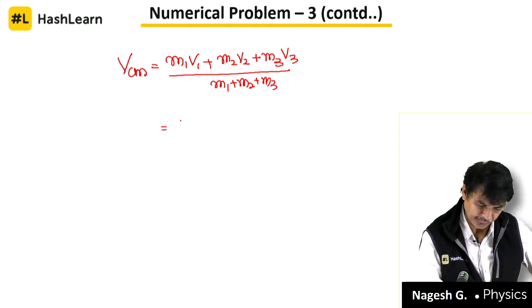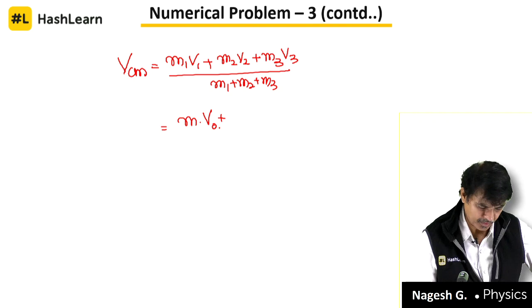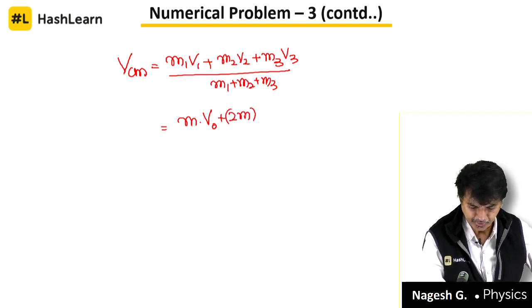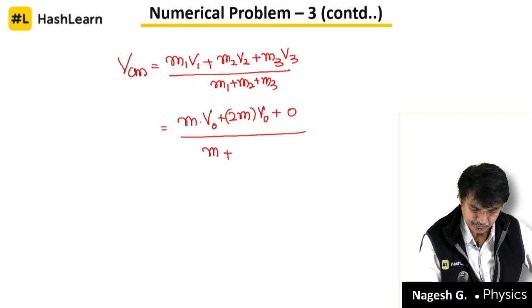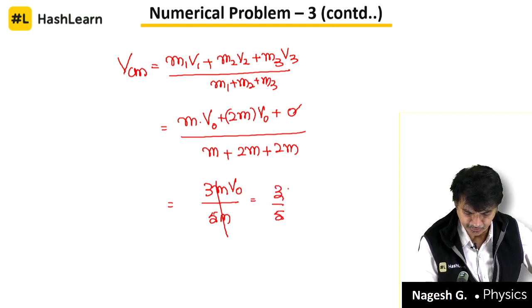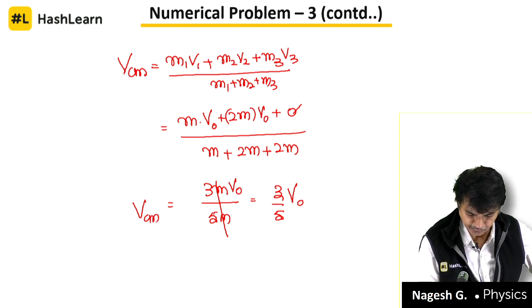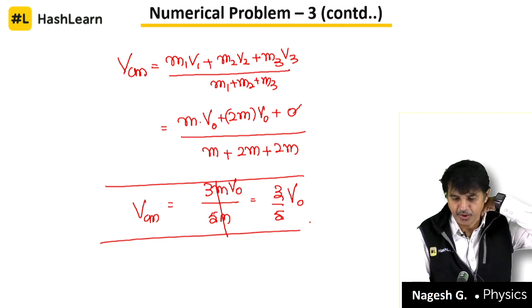Now, m1 is the mass of A, m, into its velocity V naught; m2 is 2m into its velocity V naught; m3 is at rest; divided by m plus 2m plus 2m. So 3m into V naught by 5m, m cancels, giving 3 by 5 V naught. That is the answer for the second question. Velocity of the center of mass is equal to 3 by 5 V naught.